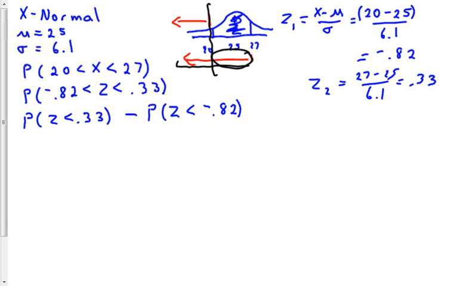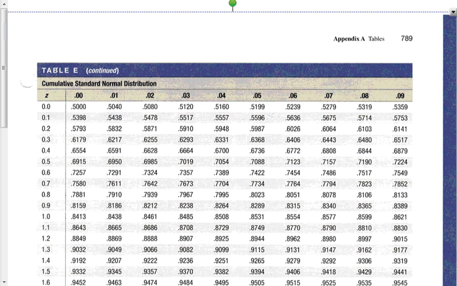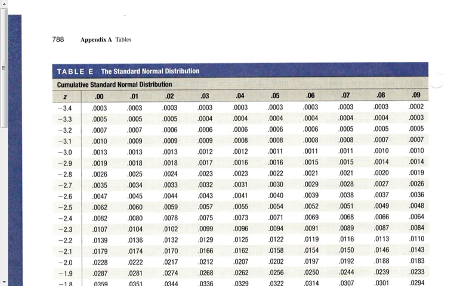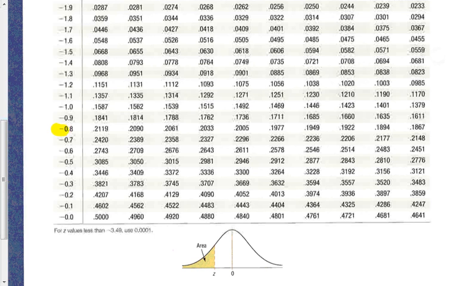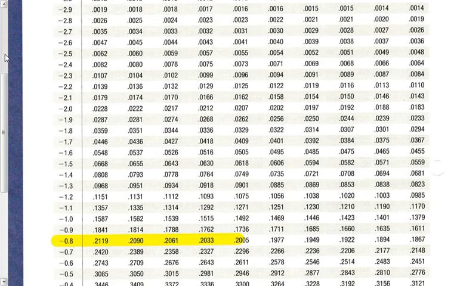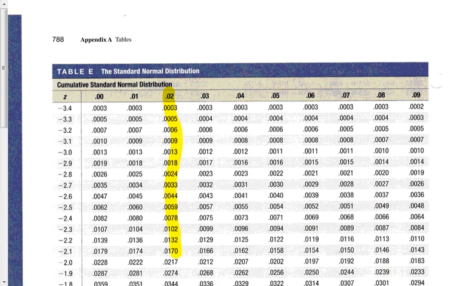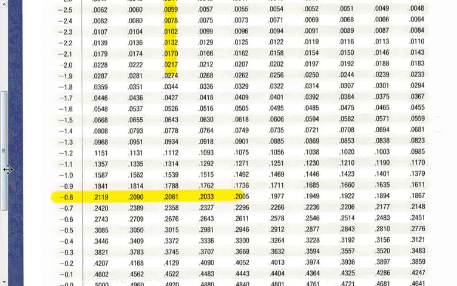Going to our tables, positive z for the 0.33, 0, 3, and underneath the 3. That's the 6293. The other one was the negative 82. Scroll down. A 0 negative, and the 2 is that third column. 2061.